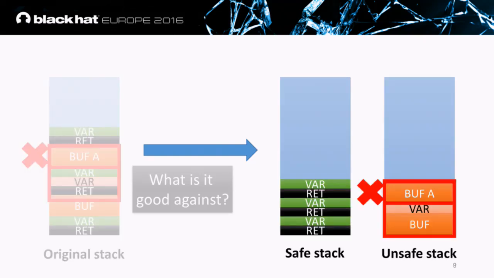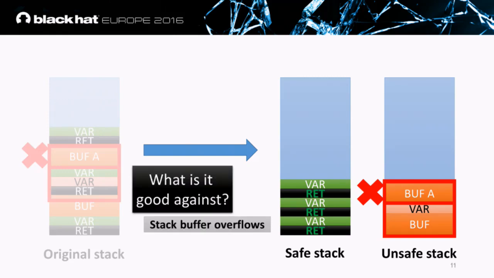But when you apply SafeStack, the vulnerability will happen on the unsafe stack, and the attacker cannot overwrite the sensitive data, the return address, code pointer on the stack. So it protects the return addresses. It is good against stack buffer overflows that try to overwrite the return address on the stack.